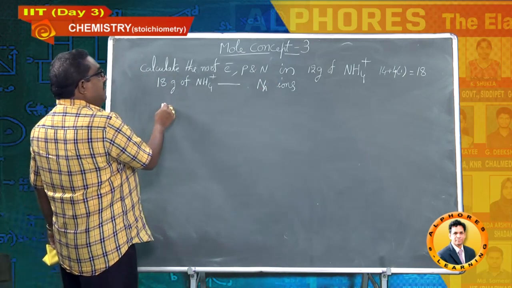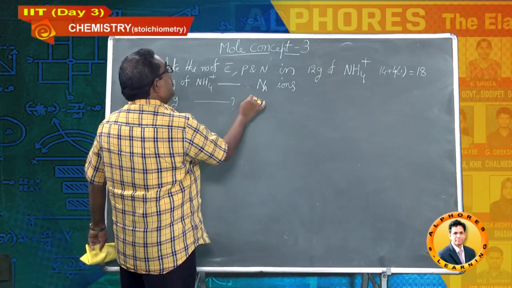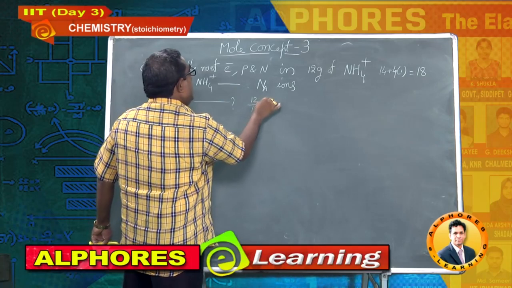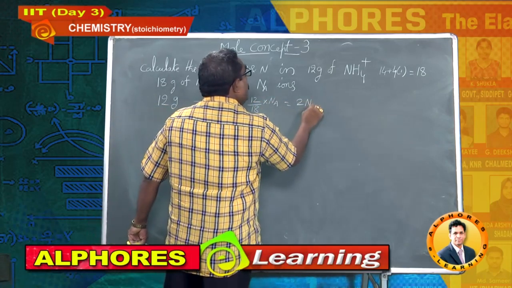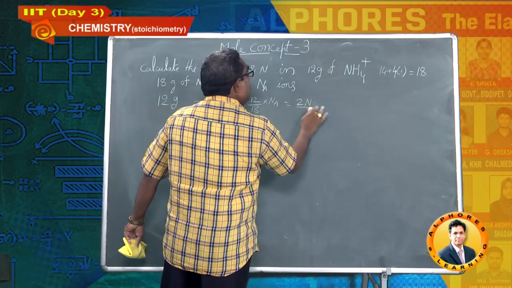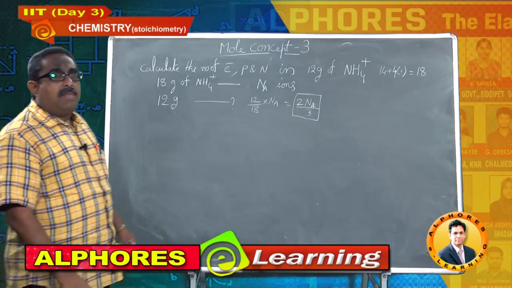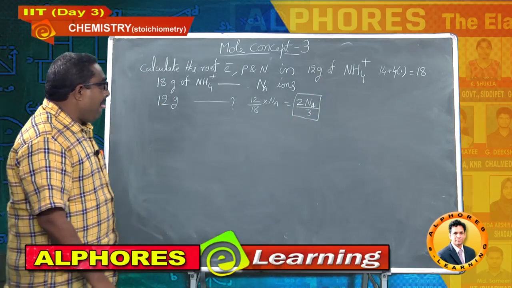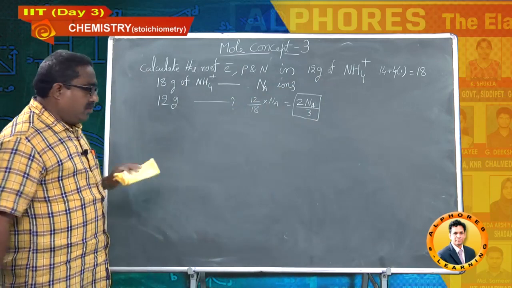But this time I have given only 12 grams. So, 12 by 18 into Na, that is 2 Na by 3 is the total number of ammonium species present in 12 grams of ammonium given to us.